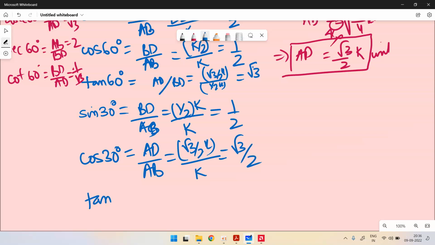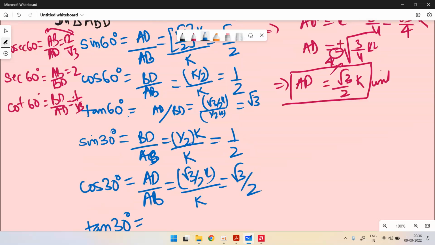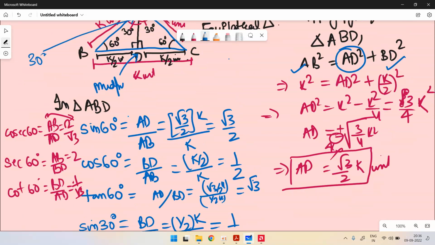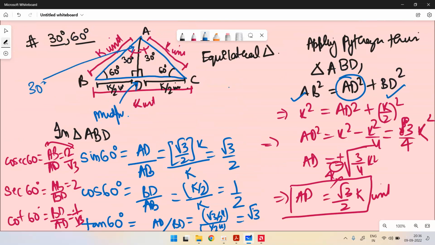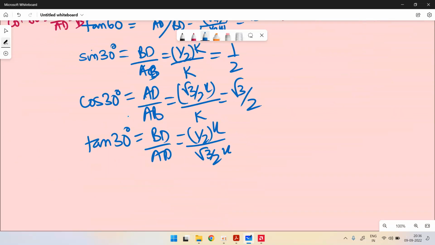And tan 30 degree is perpendicular by base. Perpendicular is BD, base is AD. So this is BD by AD, nothing but half K by root 3 by 2 K. This is nothing but 1 by root 3.